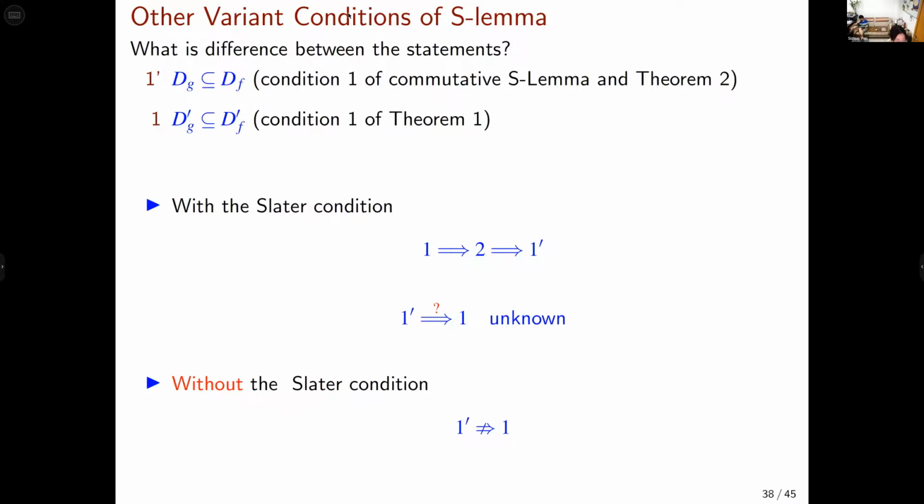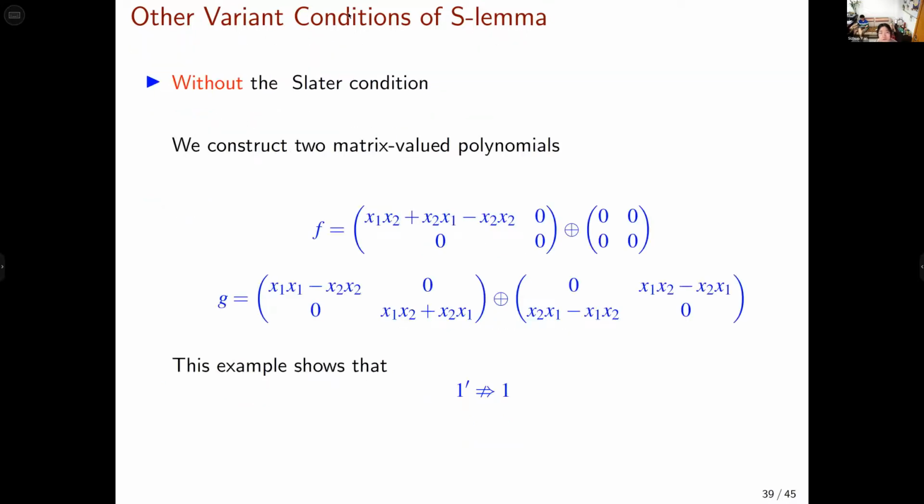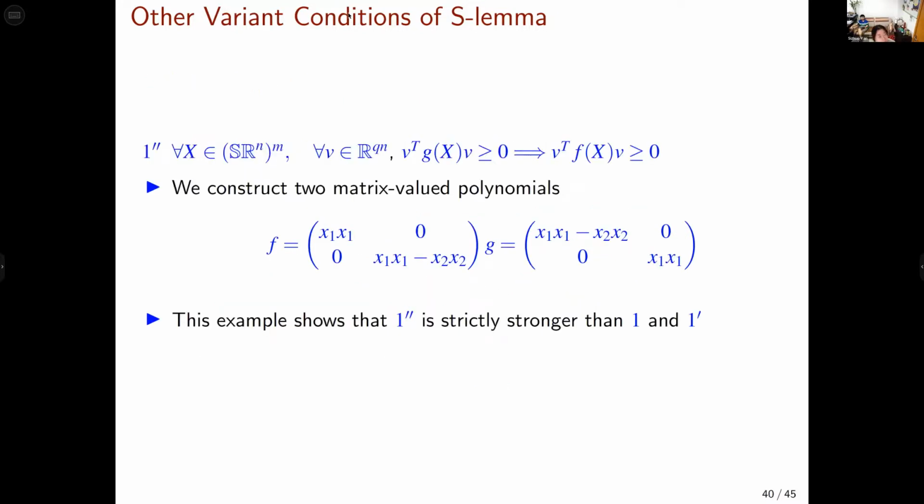But without the Slater condition, we know condition 1 prime doesn't imply condition 1. We find an example to show this. And for this example, and then the condition 1 double prime.